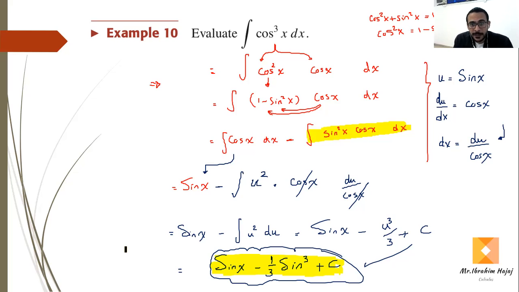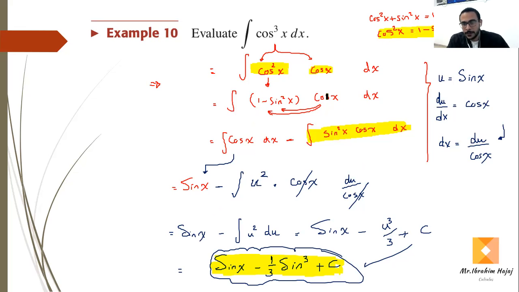Example 10 has an idea. It has some idea. First, you have to use the identities. Cosine cubed x, you can write it as the product of cosine squared x and cosine x. We can write it as the product of cosine x and cosine squared x. Cosine squared x, we replace it by 1 minus sine squared x. It's an identity.